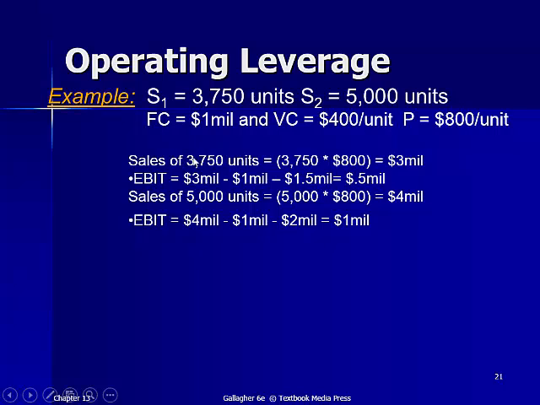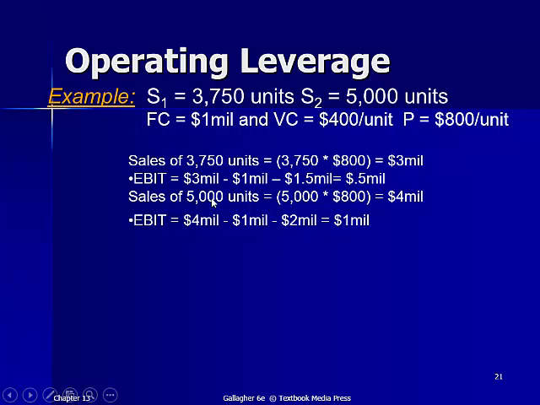And so your sales revenue at the 3,750 units that we sell in year 1 is 3,750 times $800 per unit equals $3 million. Your operating income is equal to $3 million minus $1 million, that's your fixed costs, minus $1.5 million, that's your variable costs. Where did I get $1.5 million? I just took 3,750 and multiplied by 400. That leaves me with $500,000 of operating income.